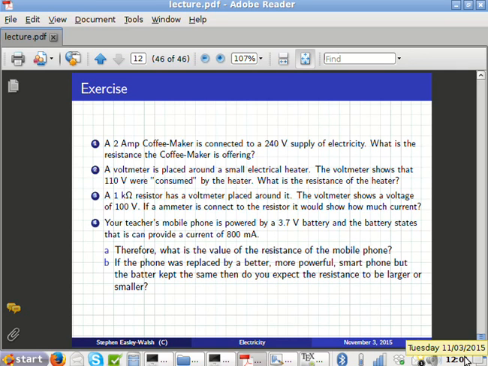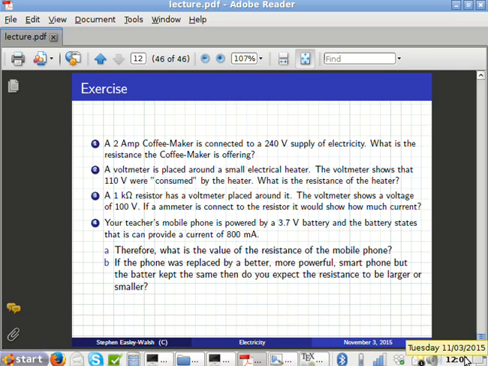And what do I say the current is? 250 milliamps. So I would like to know what is the resistance here. Well, what formula can I use?